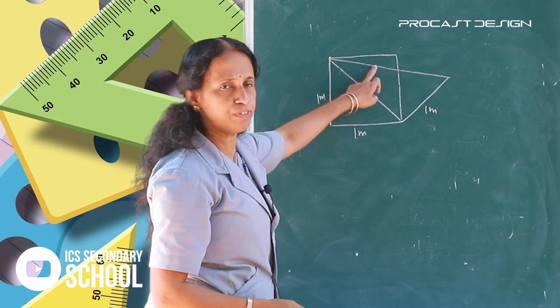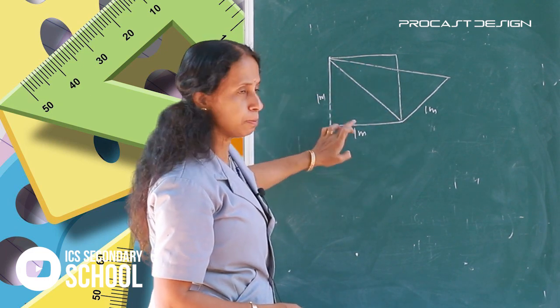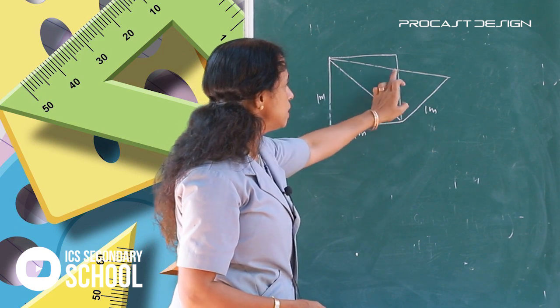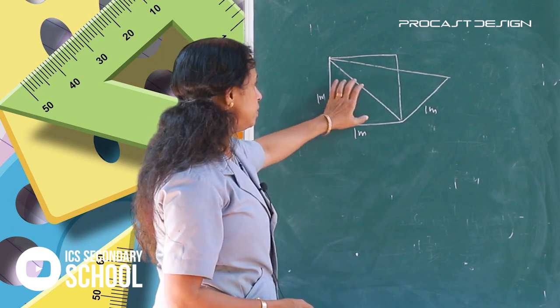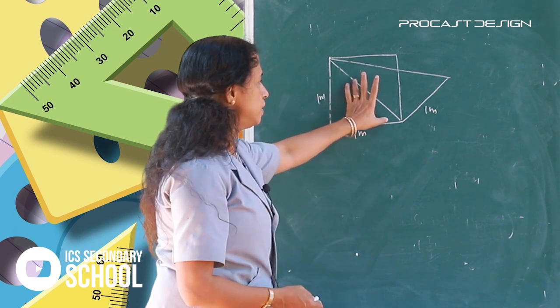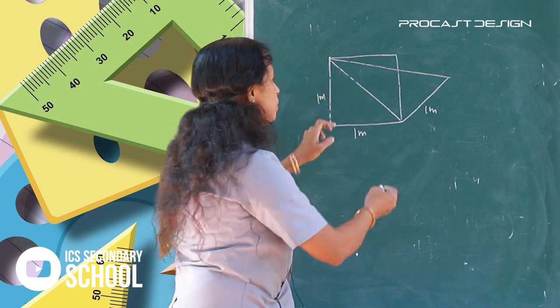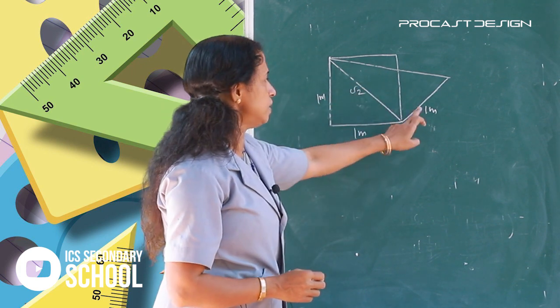This is the hypotenuse of this right triangle. This is 1 meter and this is 1 meter, this is the hypotenuse of the right triangle, and this is equal to root 2.